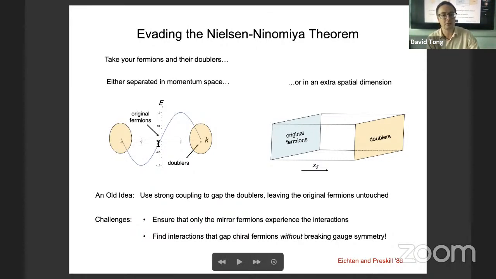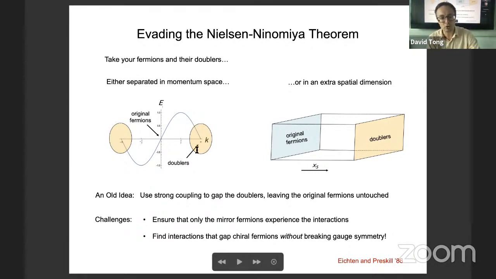The idea is that maybe we could turn on strong coupling effects. This is an idea that dates back to Eichten and Preskill. And we can do the following. We can try and turn on strong coupling effects that firstly act only at the edge of the Brillouin zone, but leave the things at the origin unaffected. That's challenge number one.